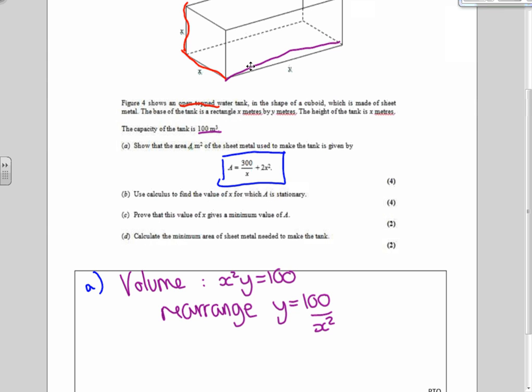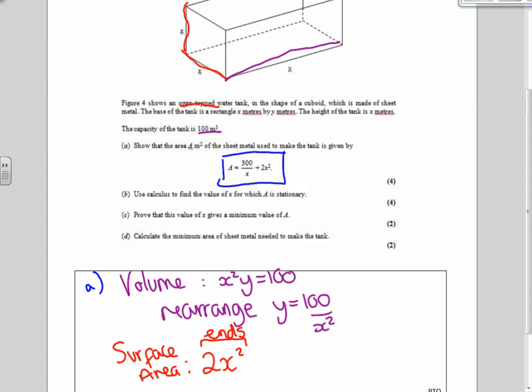So now, surface area of the tank. Well, we've got x times x for the two end pieces, so that's 2x squared. So that's for the ends. And then we have 3 x times y's, because we've got one for the back, one for the base, and one for this side.